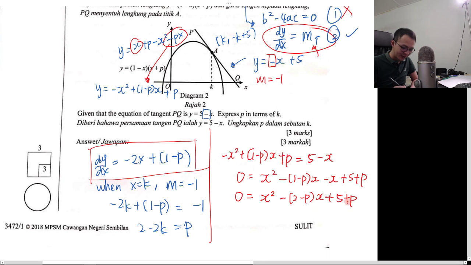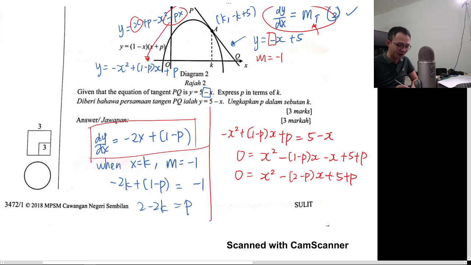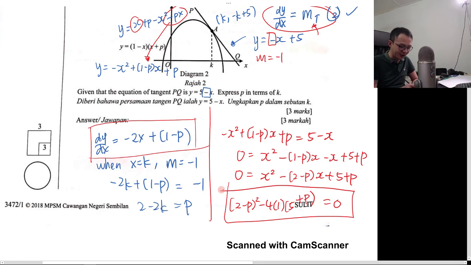Now, I guess the b squared minus 4ac doesn't help here. Because if I do the b squared minus 4ac, I get (2 minus p) squared minus 4, where a is 1 and c is 5 plus p. I make it equal to 0. You realize if I solve this equation, I might be able to get the value of p.